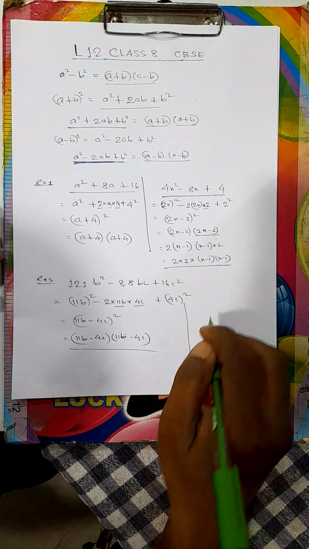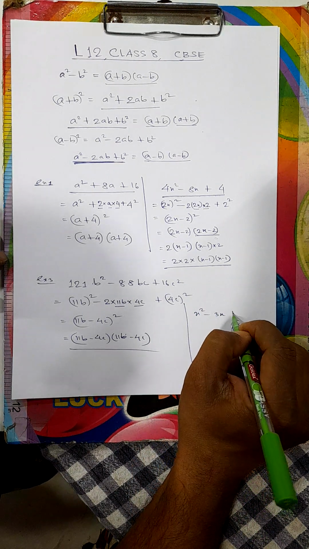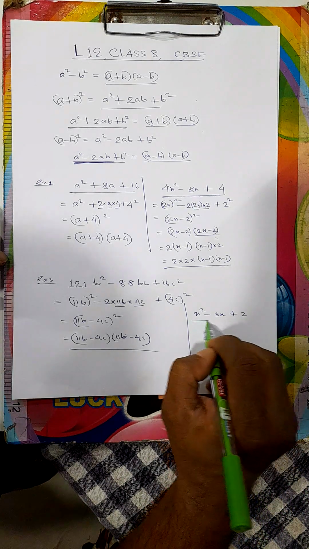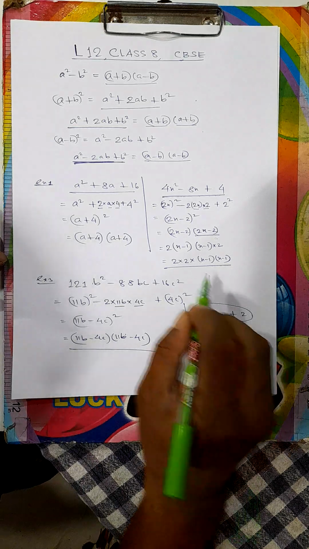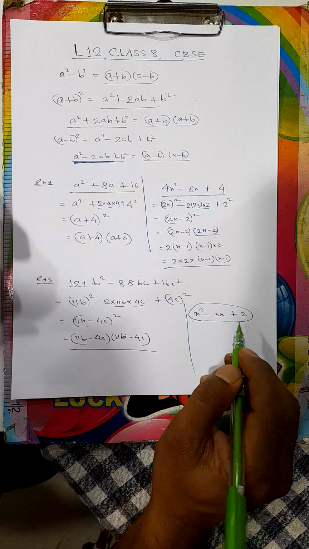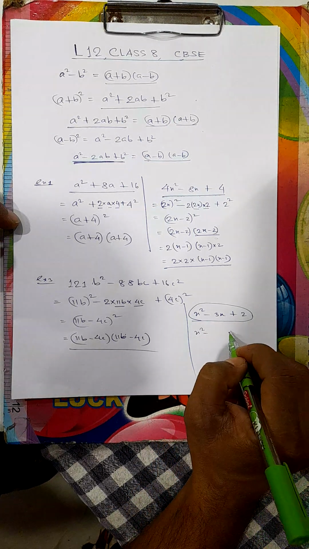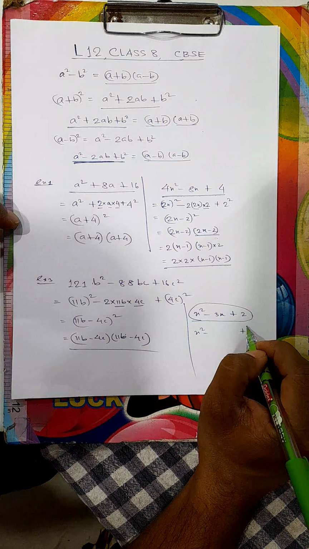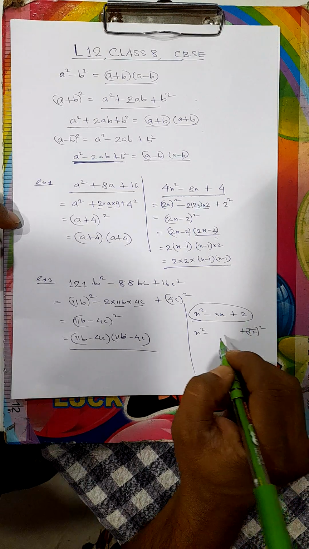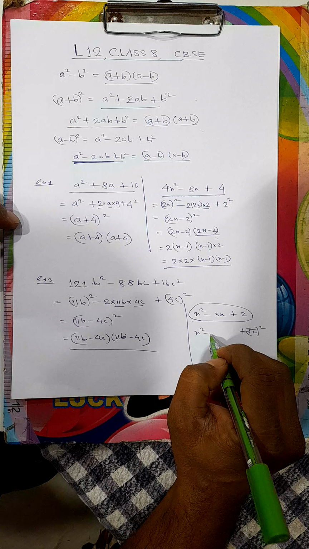Say for example, if you are given x square minus 3x plus 2, you cannot factorize this using this identity. This is not a perfect square. Even if you write it as a perfect square like x square minus, say, square root of 2 whole square is 2, and try to write the middle term in the form of twice ab, you cannot do so.